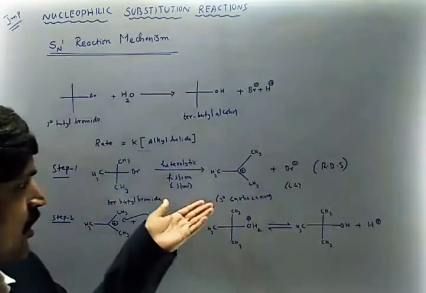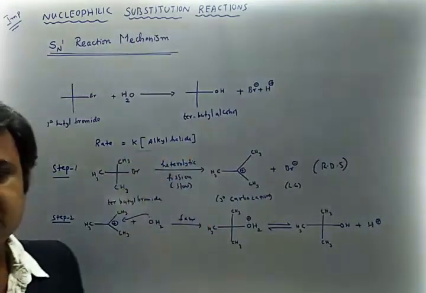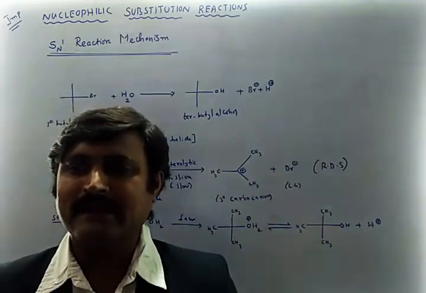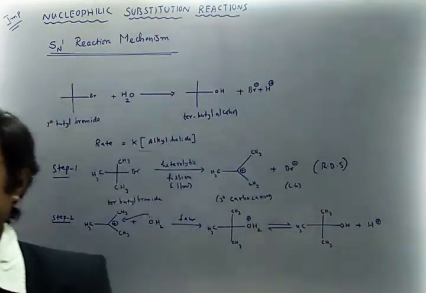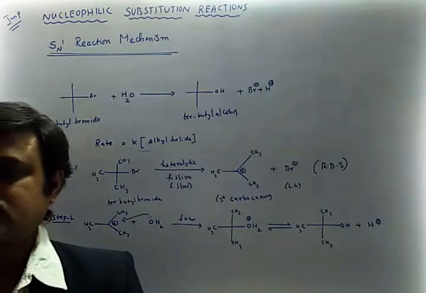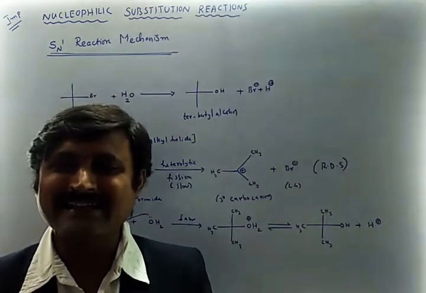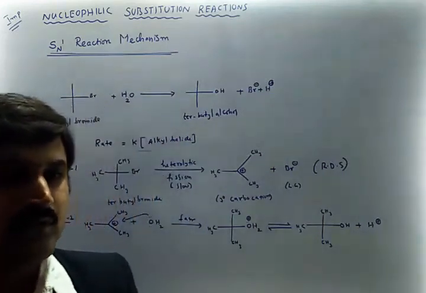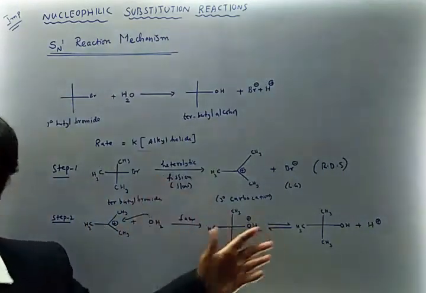So the nucleophile is not there in the rate equation. If you look at the reaction coordinate diagram, you will be able to see why increasing the rate of the second step will not make the SN1 reaction go any faster. We will see that one.